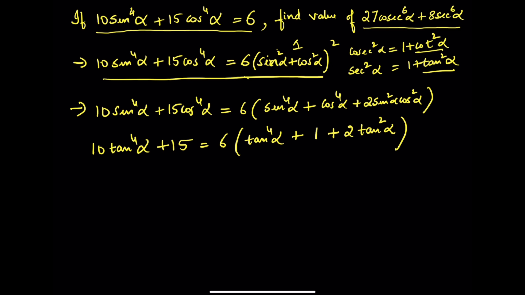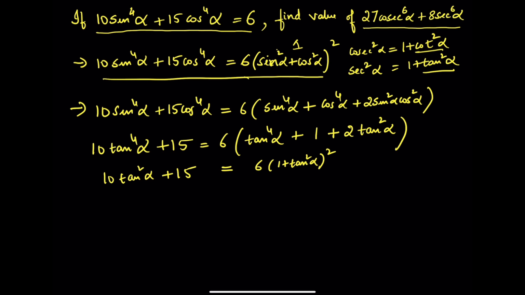We are dividing both the sides of the equation by cos to the power of 4 alpha. So this is nothing but 1 plus tan square alpha the whole square times 6. Correct? And the left hand side will be 10 times tan square alpha plus 15. So this is what we have now.